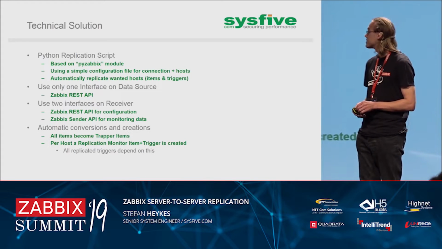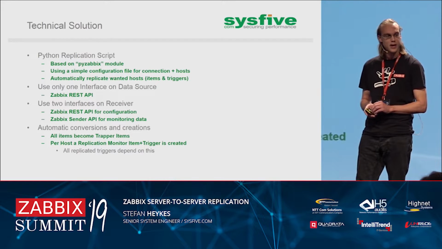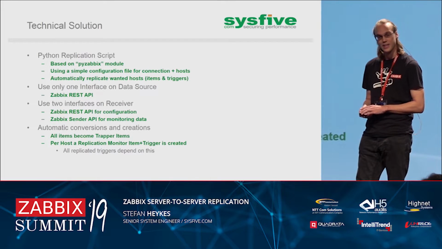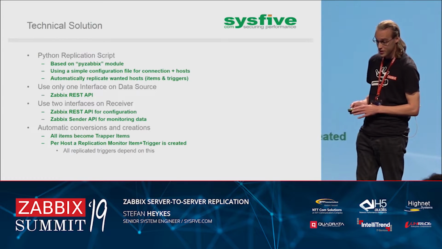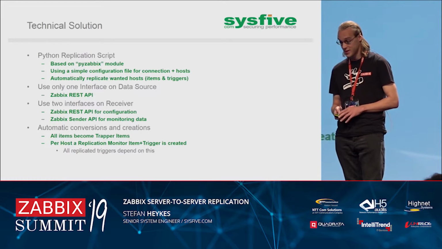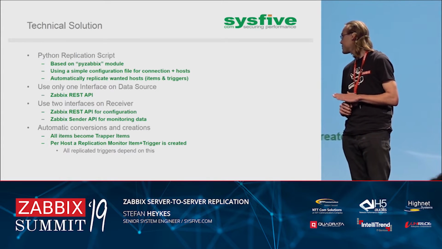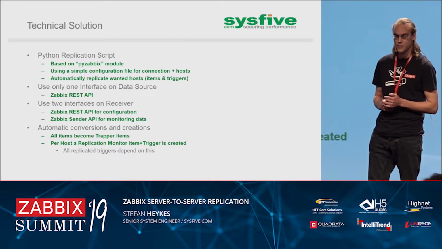So on the data source, we are only using the Zabbix REST API with a read-only API user, so very limited access rights, to get all the data, all the configuration out of it. And on the receiver, as you have just seen, both the REST API for configuration and the sender API for the data. Using this, we need to do some automated conversions.